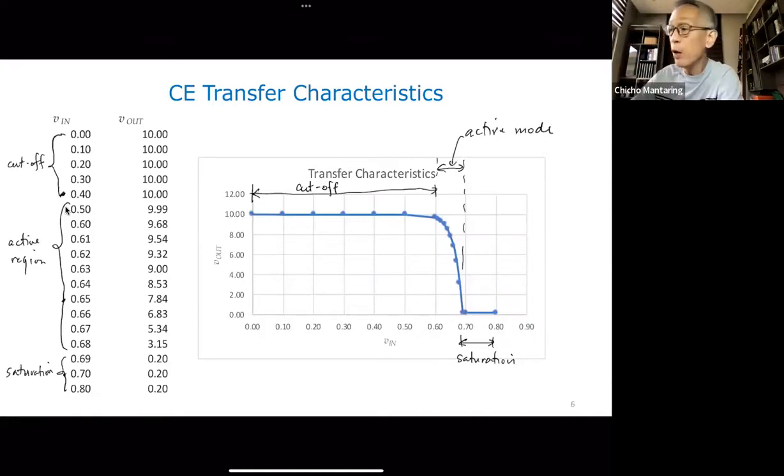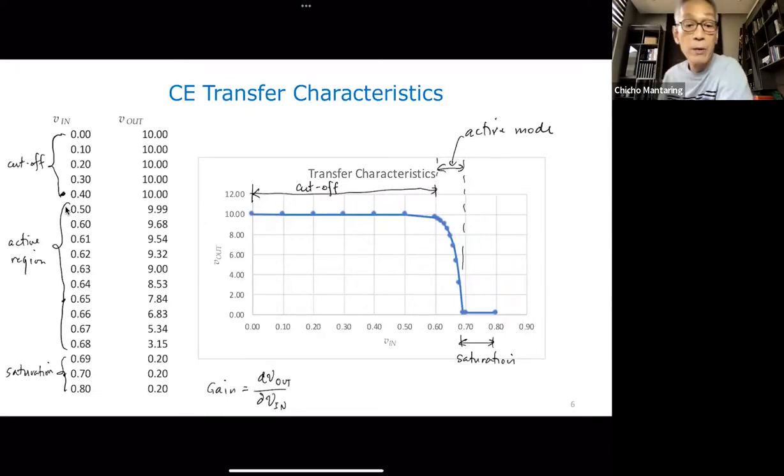Now, what is your gain? Your gain, by definition, is the rate of change of your output over the rate of change of your input. By the way, I labeled it dV out here, not output.